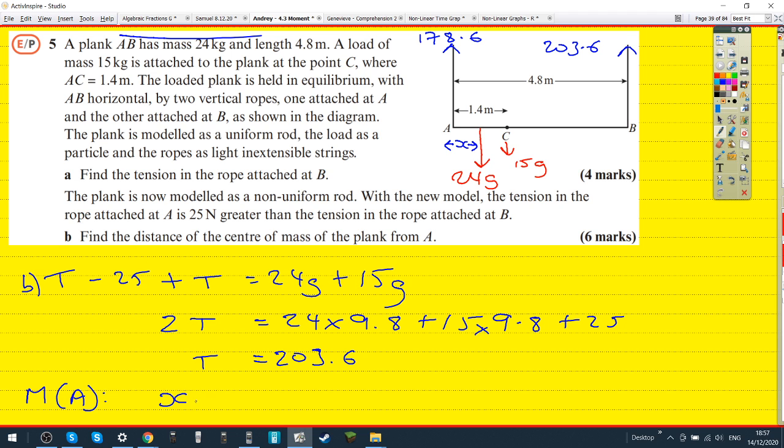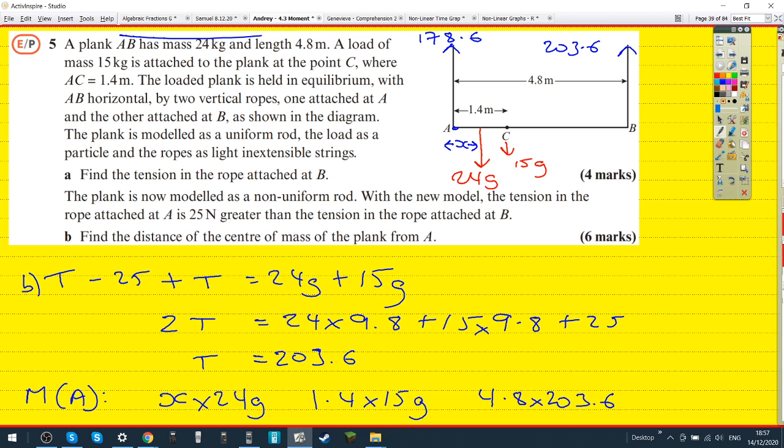Yeah, don't forget G. 24G, sorry. And 1.4 times 15G. Yep. And 4.8 times 203.6. Yep. And do I now need to work out if it's plus or minus? Yep.